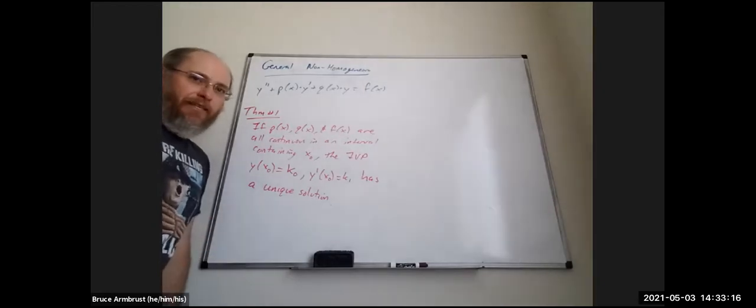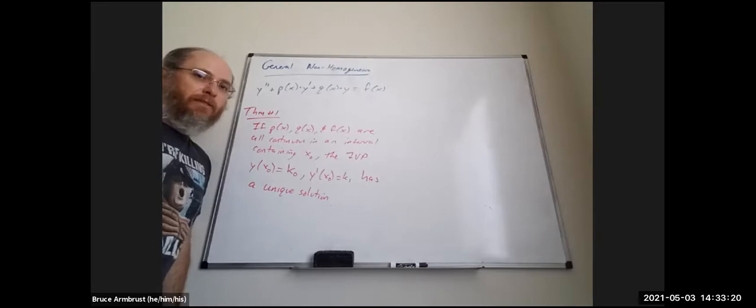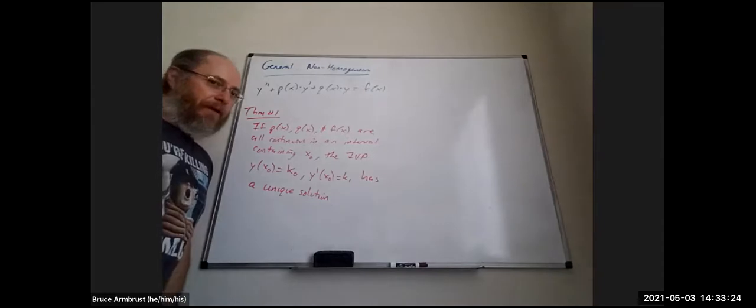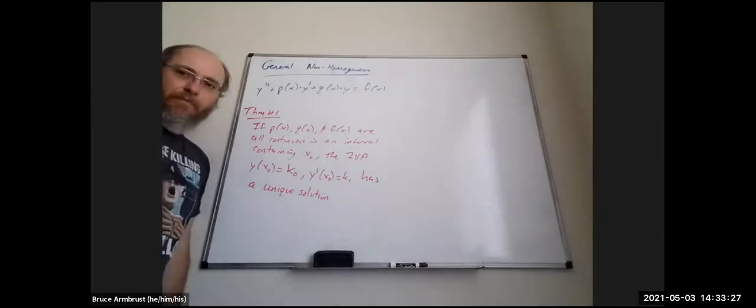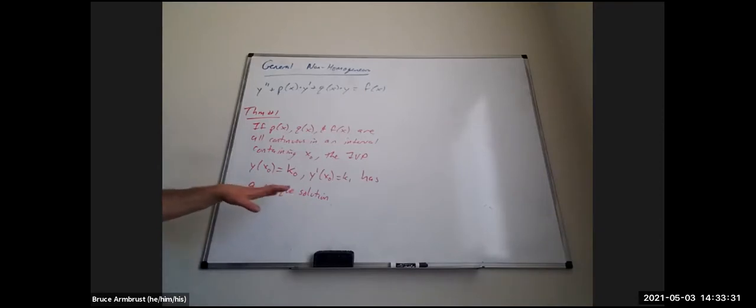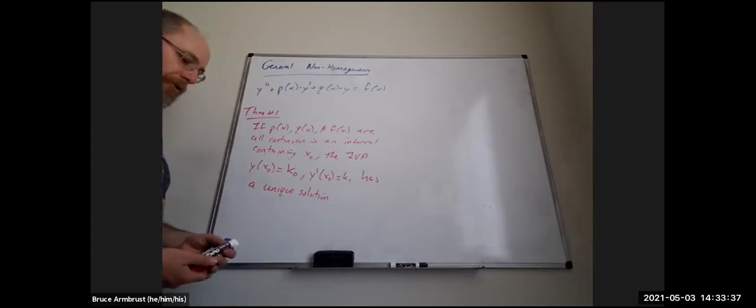This is really just an extension of some of the other existence and uniqueness theorems that we've talked about before. It's just bumping it up a dimension. Okay, so I'm not going to prove this, but just take it that it's definitely true.